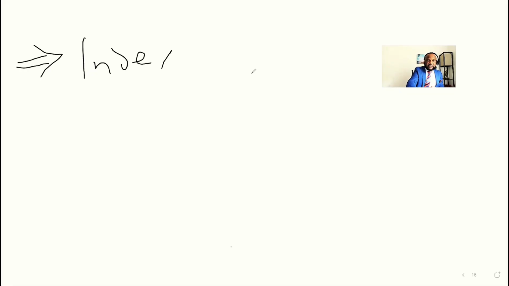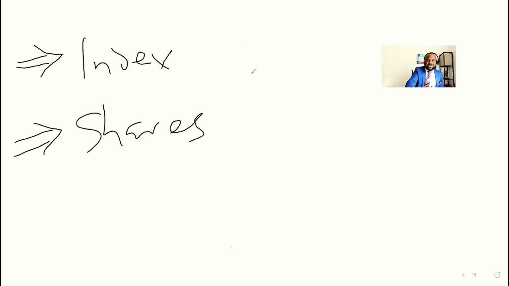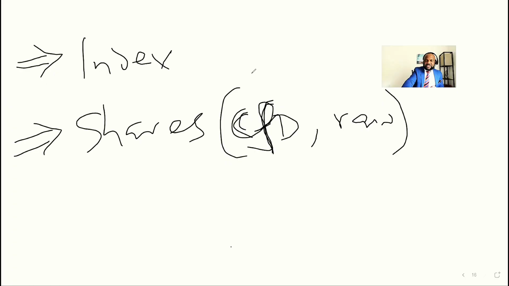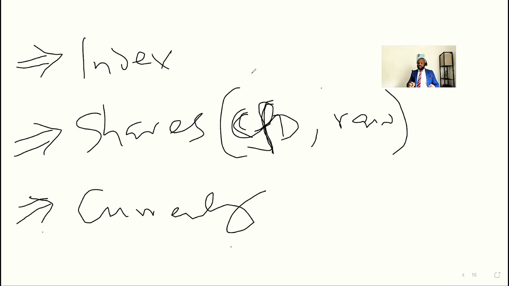Index, then followed by shares, that's the stocks, whether CFD or raw, whichever one the broker has available, call it physical or raw, and then finally currency. So this is the order that I want you to approach your trading. Currency is very popular, no doubt. A lot of you would love it because of the leverage.